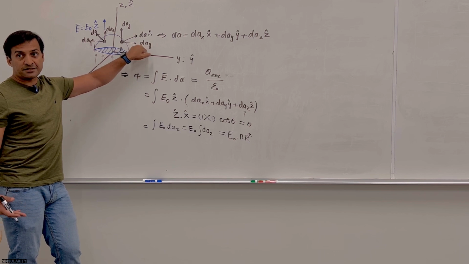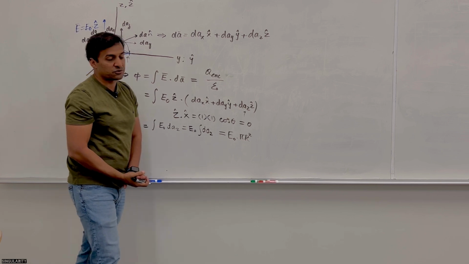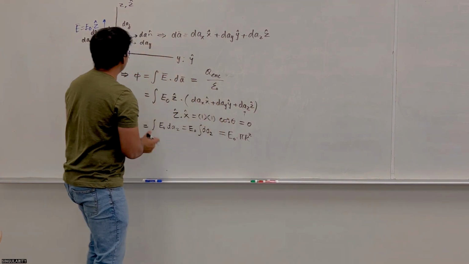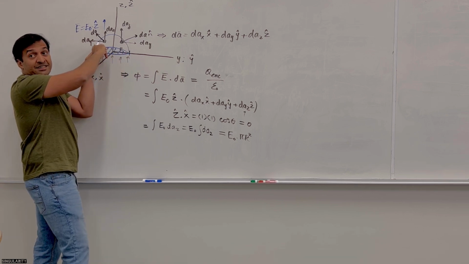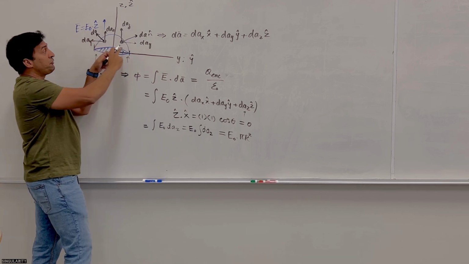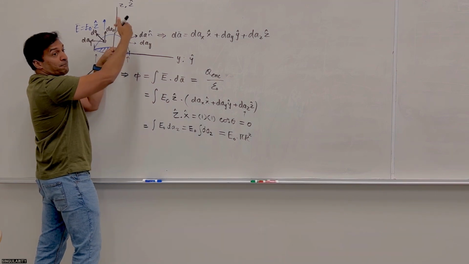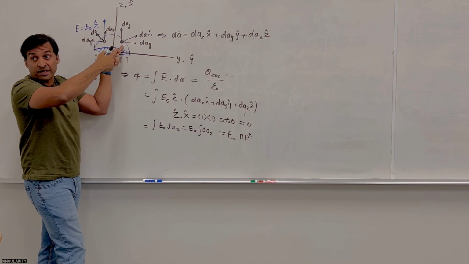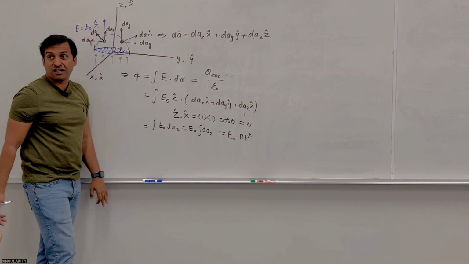You can extend this argument: when we divide this area into small area elements, for every area element that is here, there will be an area element here which cancels its y component. And for every area element here, there will be an area element at the back side of the bowl that cancels its x component. You will see that all the z components will be non-zero.